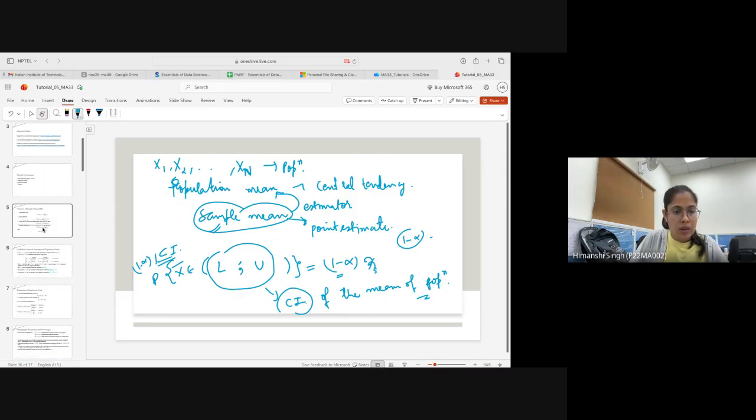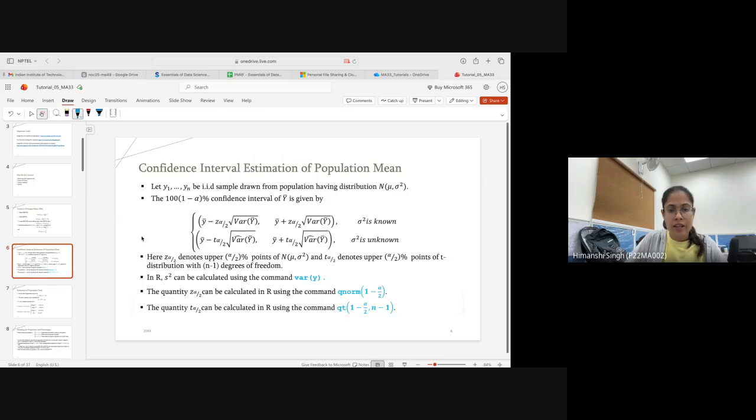Now here I have written directly what the confidence interval will be. We are considering only a sample, because we do not have knowledge of the total population, and based on the sample I'm constructing a confidence interval for the population mean.